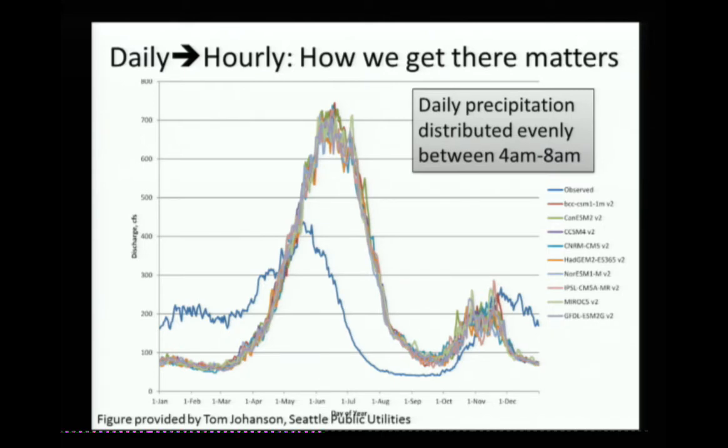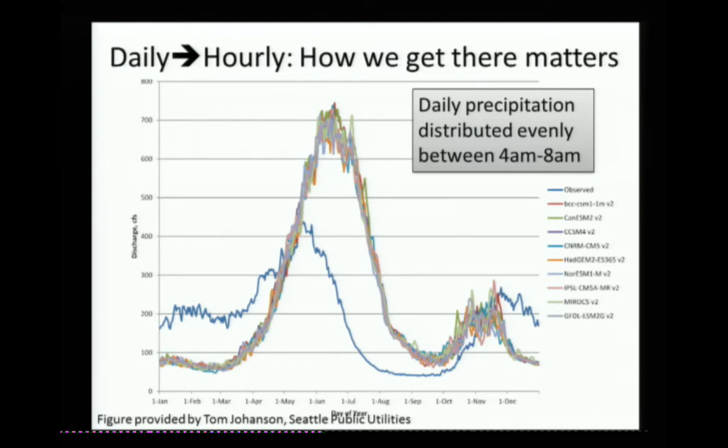So in the winter, all the squiggly lines together are different models, and the blue line there is what we'd want to try to match. What happened is that in the wintertime there was too little stream flow, and in the spring and into the summer there was too much stream flow.